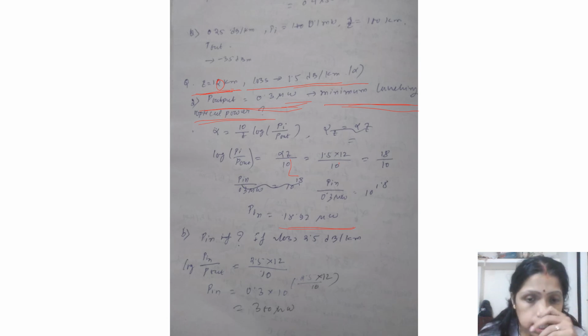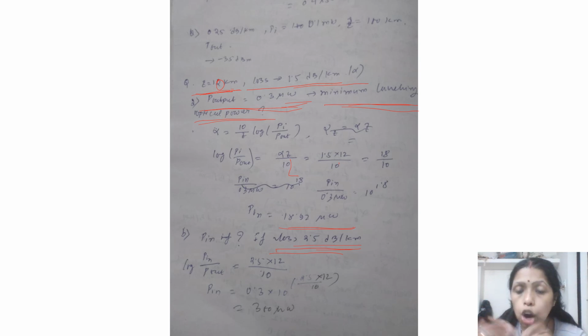Okay, second question is, what will be the input power if the loss is 2.5 dB per kilometer? If the output power is the same, 0.3 microwatt, you measure the output power, and you know the loss of the fiber, 2.5 dB per kilometer, and the length of the fiber also.